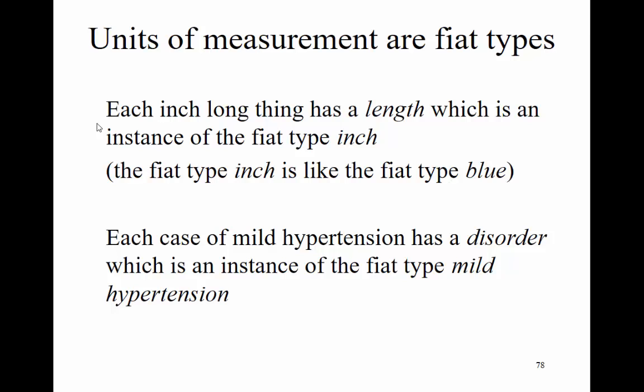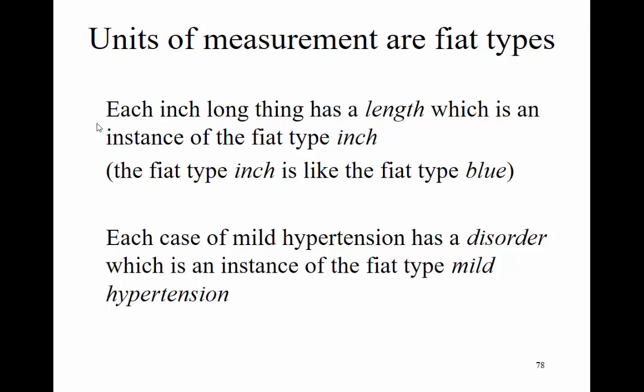All right, so there are fiat instances. For instance, the first inch along the back of my iPhone is an instance of the type inch. And so is the second inch, and so is the third inch. And each of those inches has the same length.